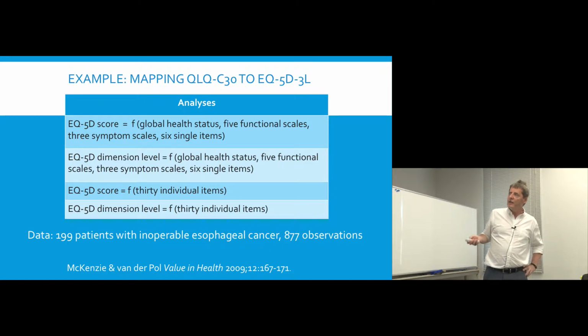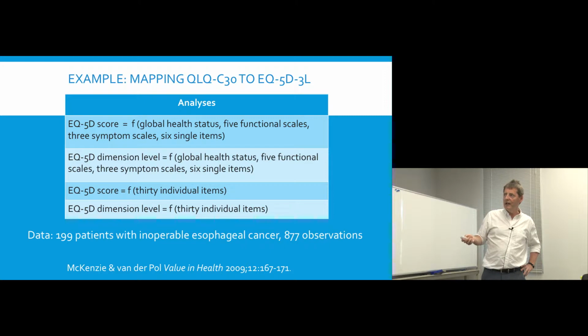And they explored 4 possibilities. The first one is to try and predict the EQ5D overall score on the basis of the functional scale scores, the symptom scale scores, etc.